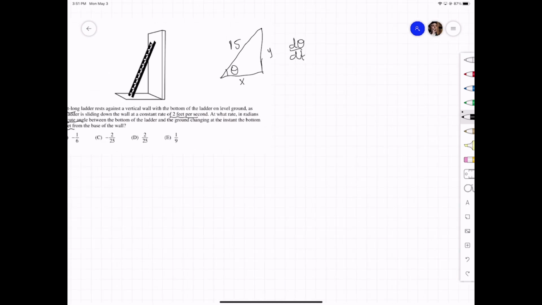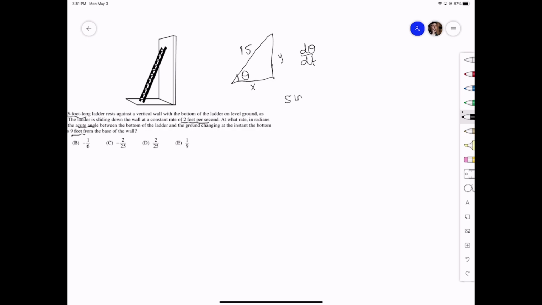If we say sine theta equals y over 15, that means that cosine theta d theta dt equals 1/15 dy dt. What's cosine theta? Cosine theta is adjacent over hypotenuse.